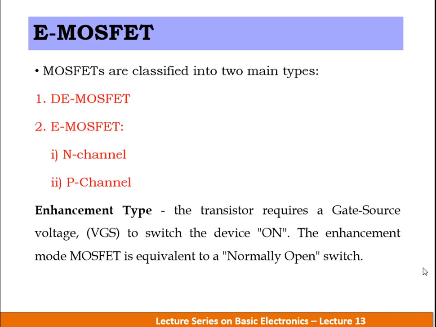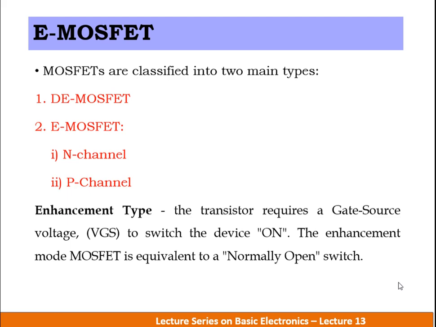So MOSFETs are classified into two main types: DE MOSFET and E MOSFET. We know that DE MOSFET stands for depletion enhancement MOSFET, and E MOSFET is an enhancement type MOSFET. DE MOSFET works both in depletion mode and enhancement mode, hence it is called a DE MOSFET.